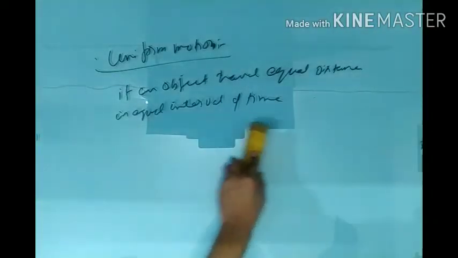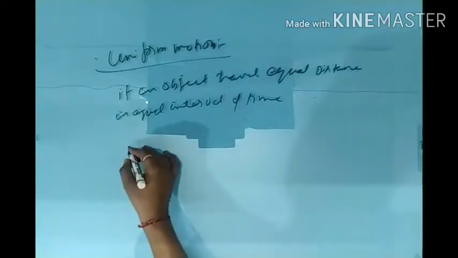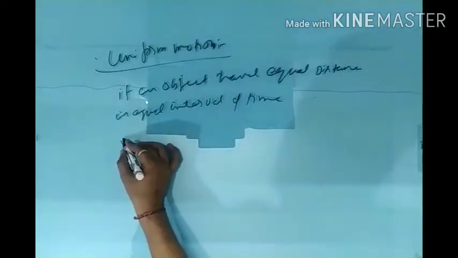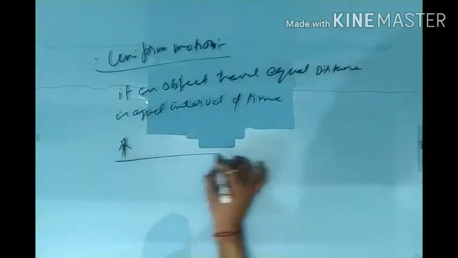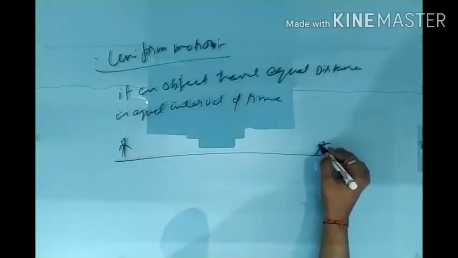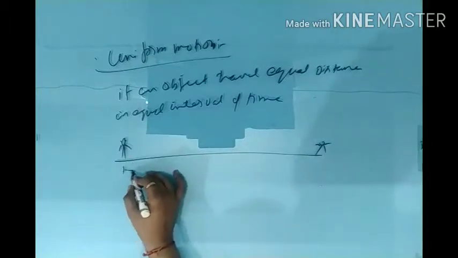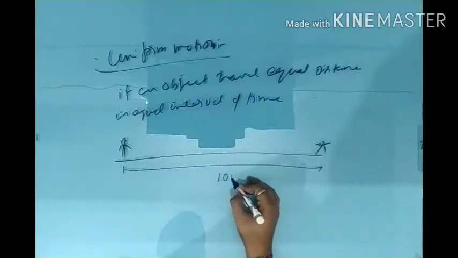Another example, suppose a person is moving on a road with constant speed, let it be a distance of 10 meters.